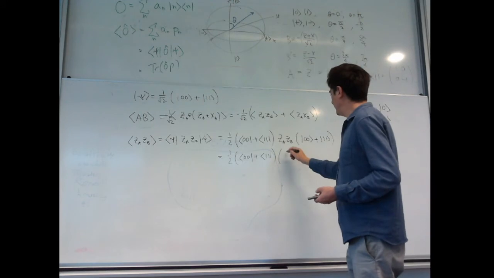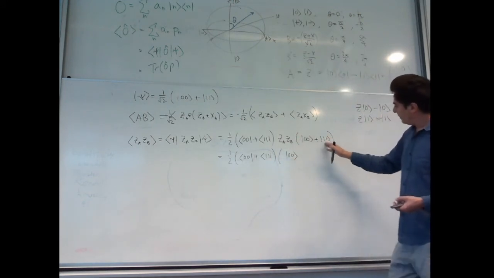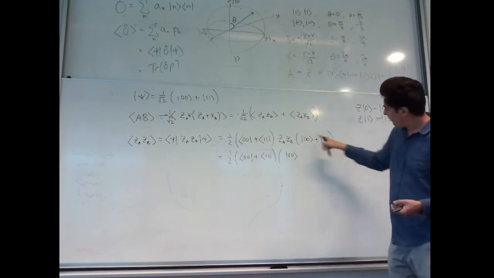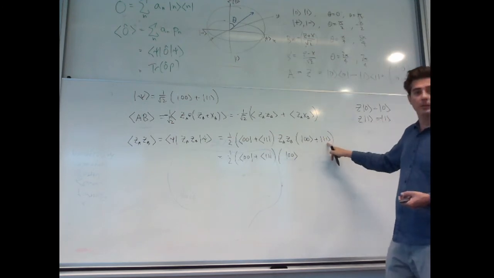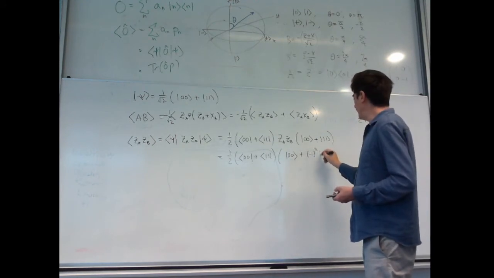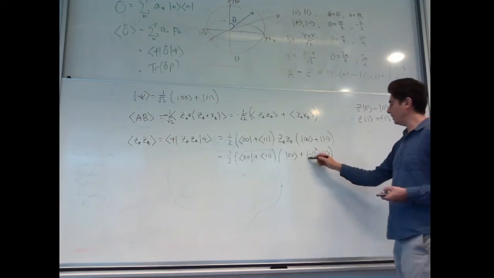For |00⟩ it's unchanged. For |11⟩, this one applied produces a -1, and this one applied also produces a -1, so there'd be -1 squared, which is just 1.